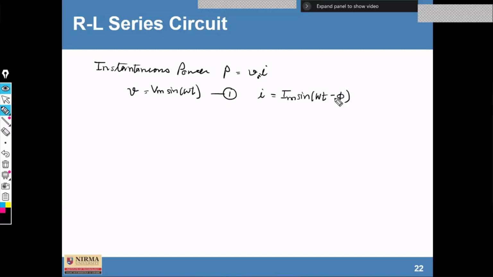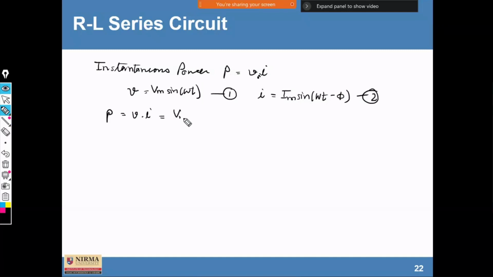By multiplying these two equations, we get the instantaneous power P, which means we can find the power consumed by this circuit at any instant. So P is equal to V into I, which is Vm sin omega t into Im sin(omega t minus phi).